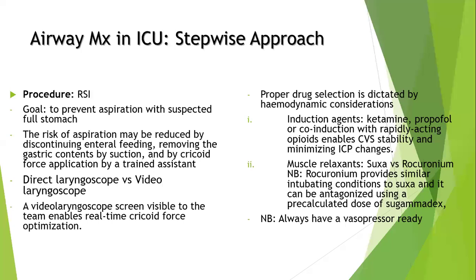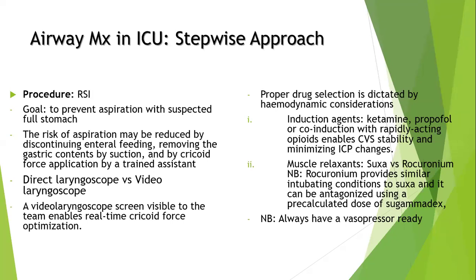Some of our patients have electrolyte derangement, and suxamethonium-induced hyperkalemia may be detrimental. The advantages of rocuronium include that it has similar intubating conditions to suxamethonium, and it can also be antagonized by your pre-calculated dose of sugammadex.